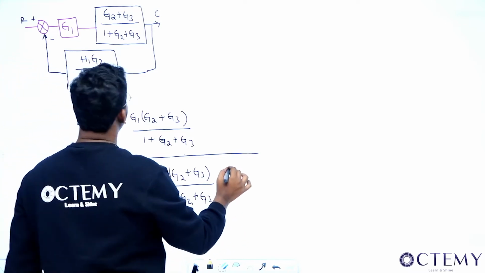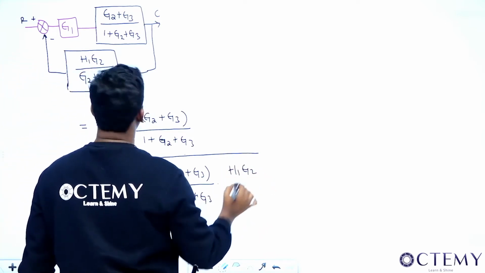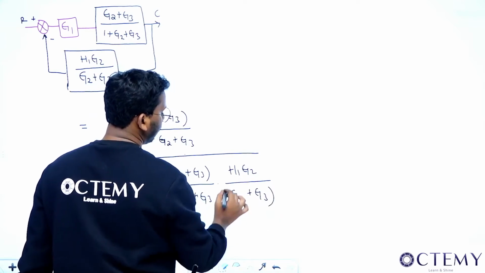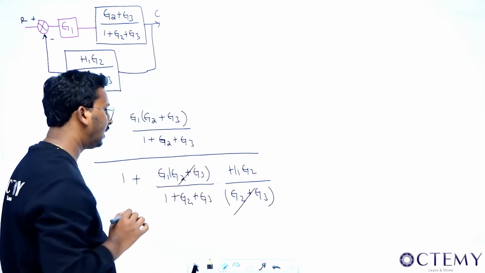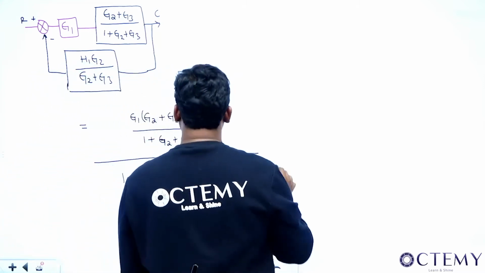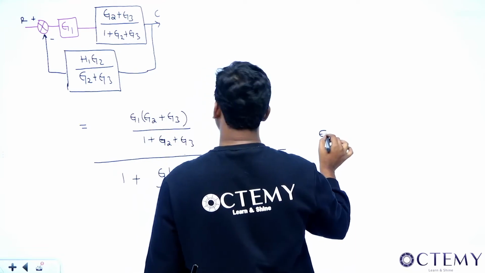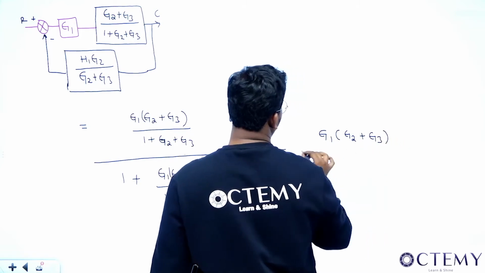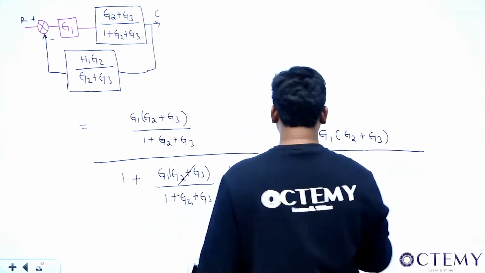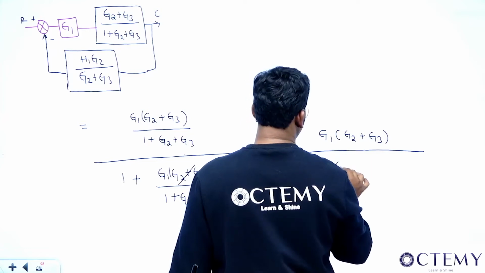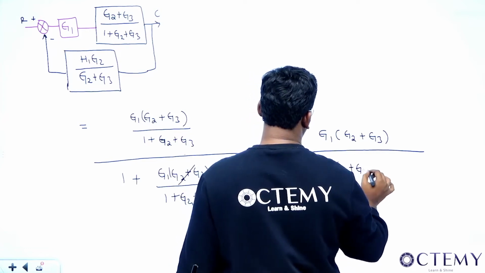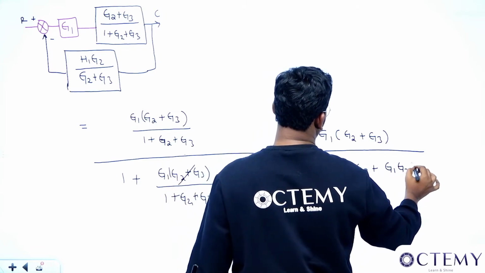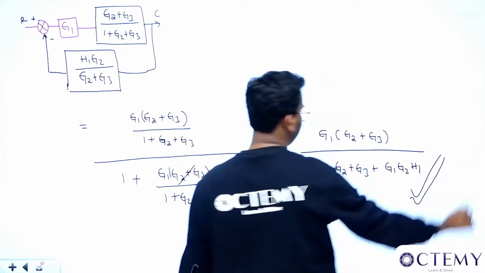H, that is basically H1 G2 divided by G2 plus G3. So this will become what, sir? This and this get cancelled. And when you take the LCM, this will become G1 into G2 plus G3 whole divided by, multiply this here, sir, 1 plus G2 plus G3 plus, this will get multiplied, G1 G2 H1. This is the answer, right?